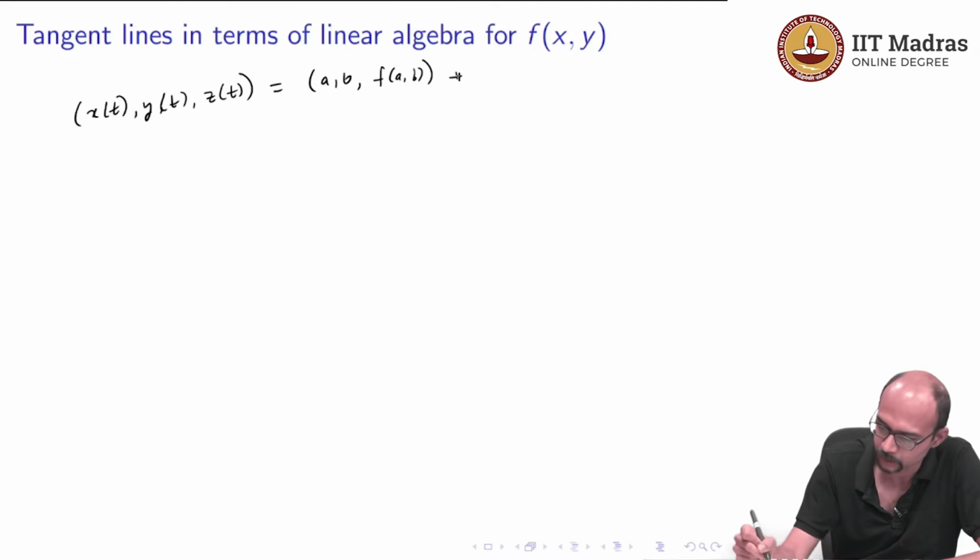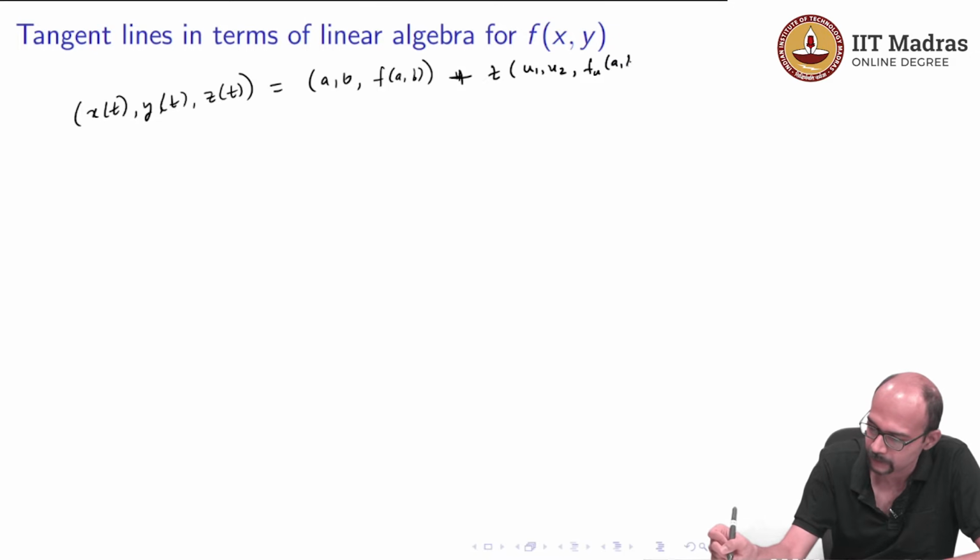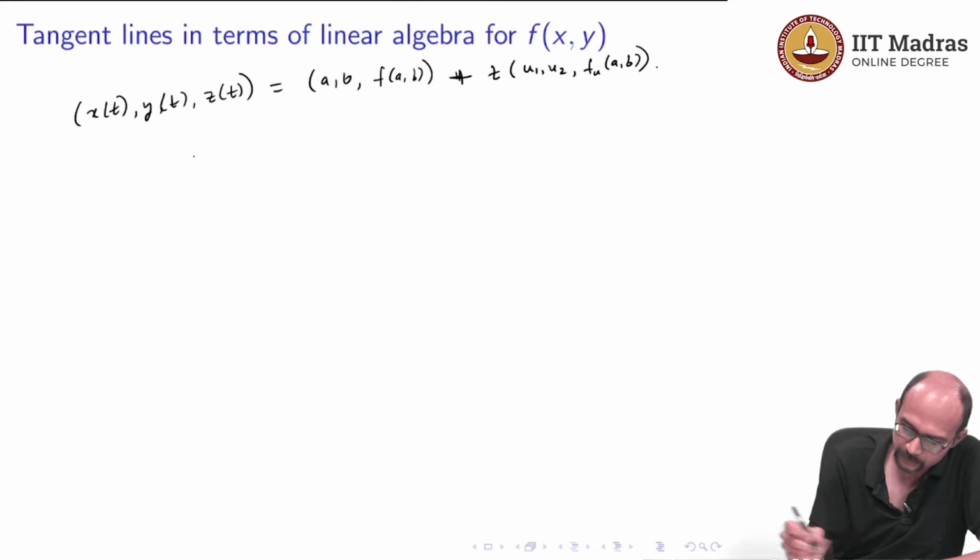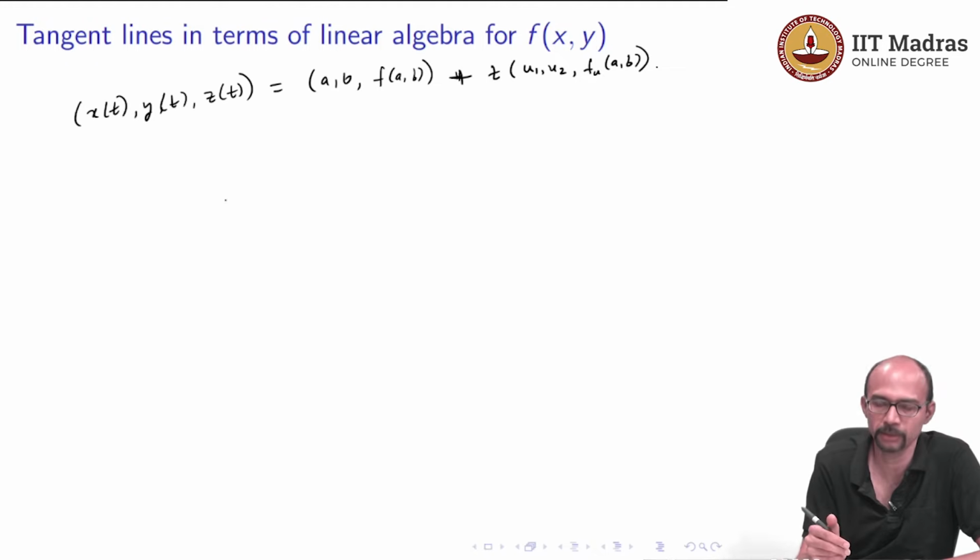This is the equation. So, from here I will get the affine flat plus t times the vector (u1, u2, fu of a comma b). Okay, so where is the affine flat coming from?